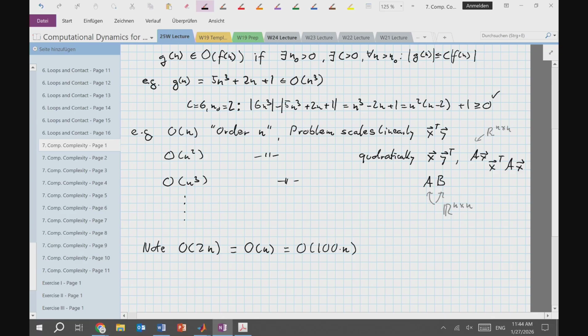I talked about this briefly in the last lecture, but if I look at 2 algorithms, and say algorithm 1 has 1,000 times n operations. Whatever this algorithm does, the exact number of operations is 1,000 times n floating point operations. And then I have another algorithm that is 10 times n square operations.